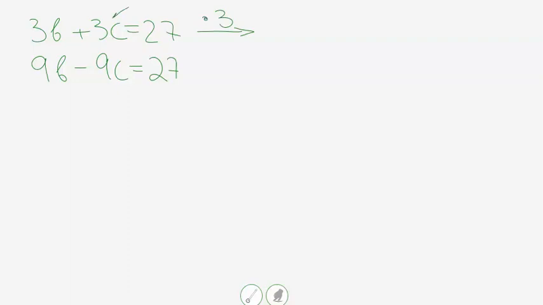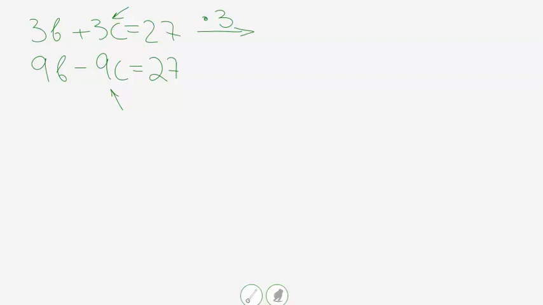So we have 3b plus 3c equals 27 and 9b minus 9c equals also 27. We multiply the first equation by 3, and in this case we will get 9c, which is opposite to this. And then with the next step, when we add two equations, c will be eliminated.